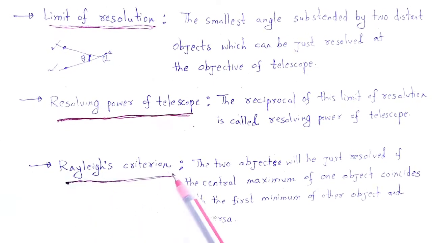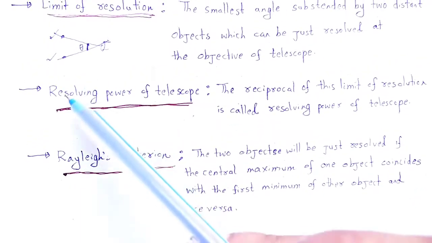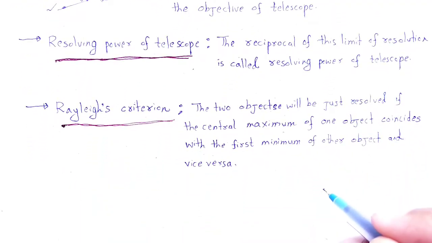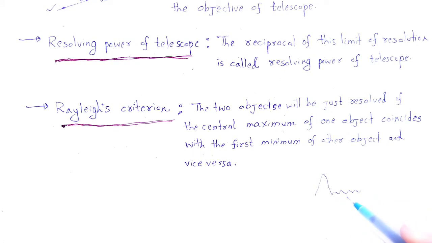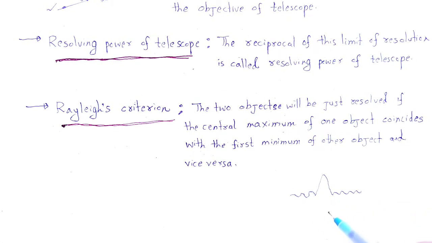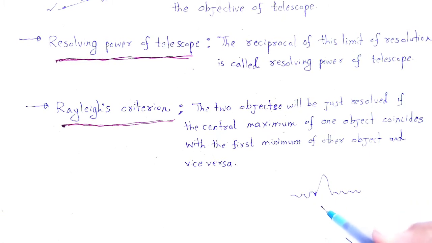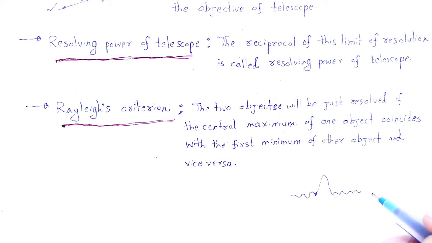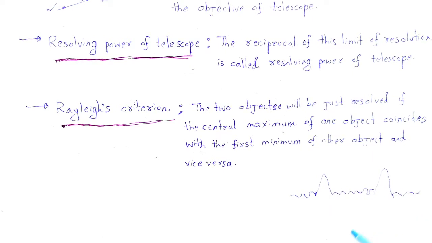Let me explain. There are two objects at infinity. Due to the first object, let the diffraction pattern show maxima, minima and so on. This is the central maxima, that be the first secondary minima. Due to another object, let the diffraction pattern show central maxima, minima, maxima and so on.